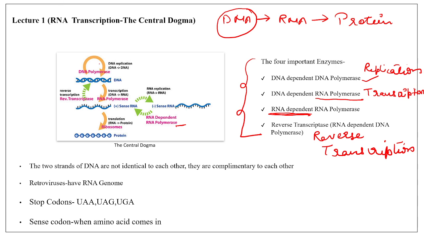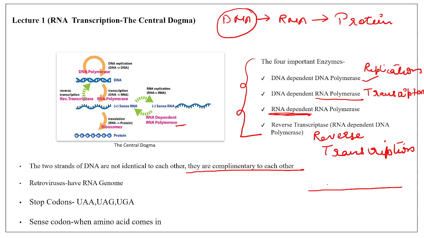Now, an important point to understand when studying the central dogma is that the two strands of DNA are not identical to each other, but they are complementary to each other. What does it mean?